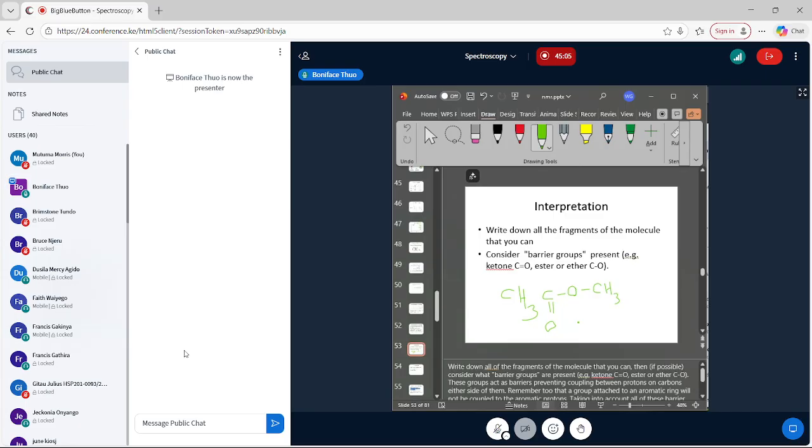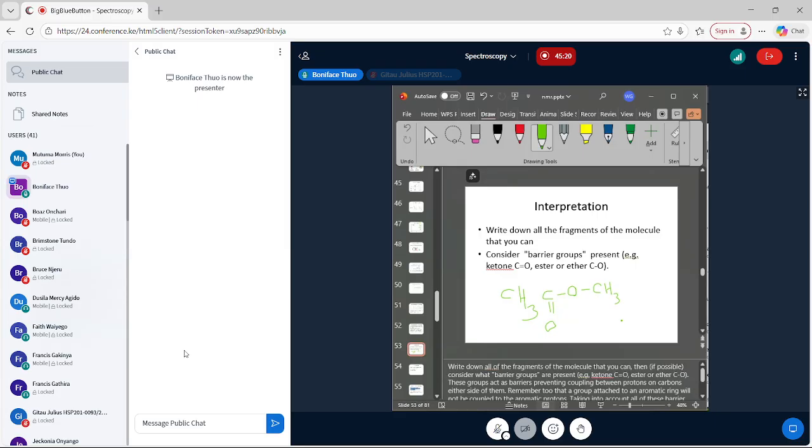Somebody tell us how many peaks we expect to get from this compound. Just unmute and tell us. Two peaks. Yes, we would expect to get two peaks.